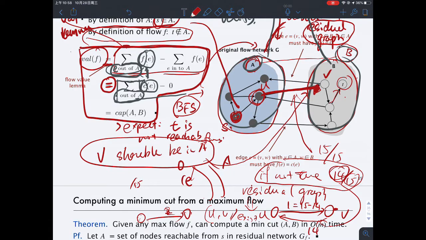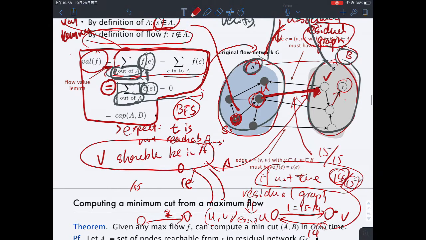This is an edge connecting two nodes, one from A and the other from B. So it contradicts the statement that e is out of A. The reason V should be in A is that there's an edge between U and V, U is within the set A, and so V should also be reachable.